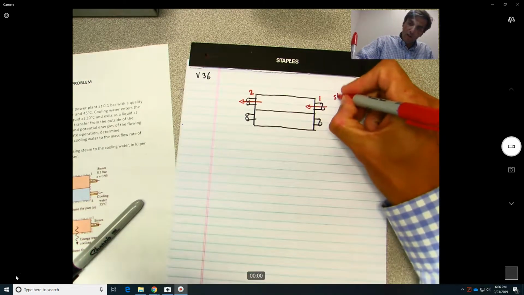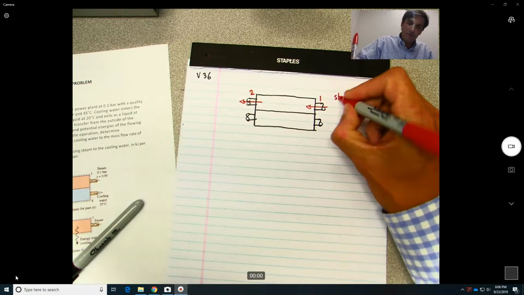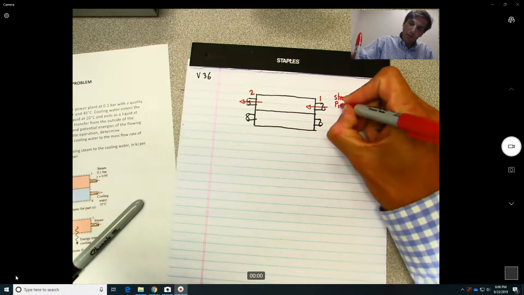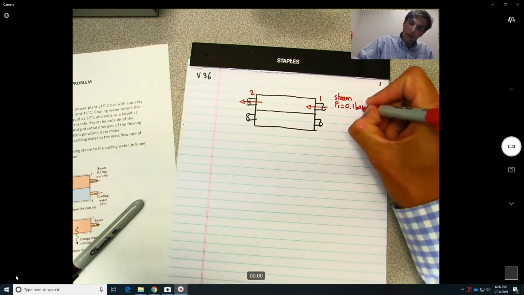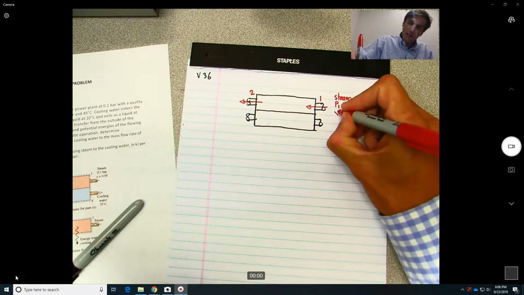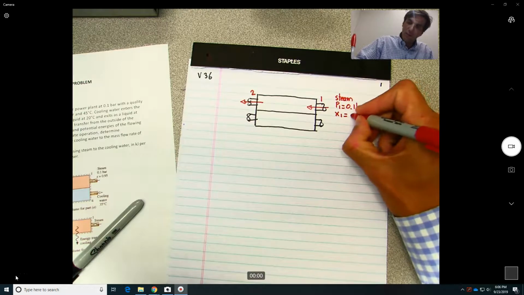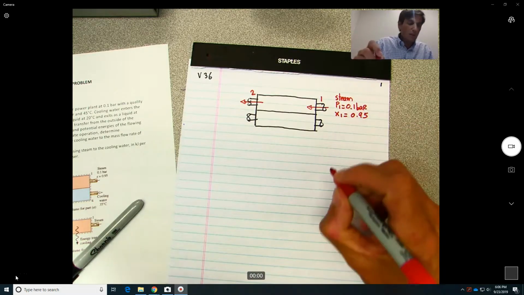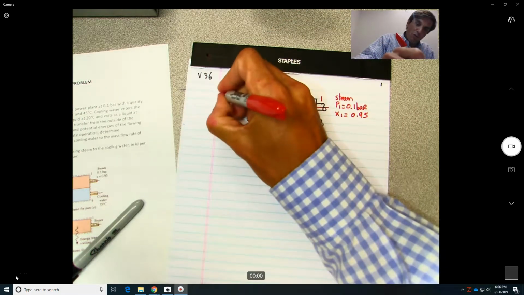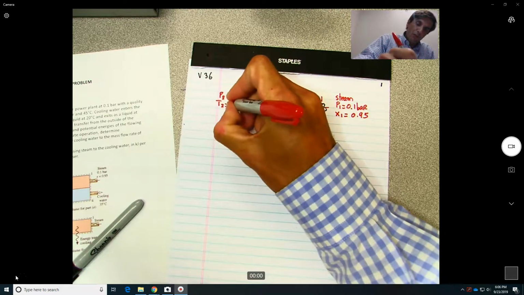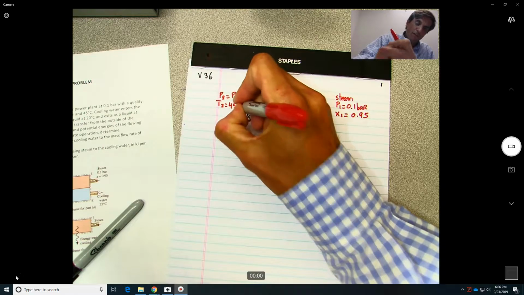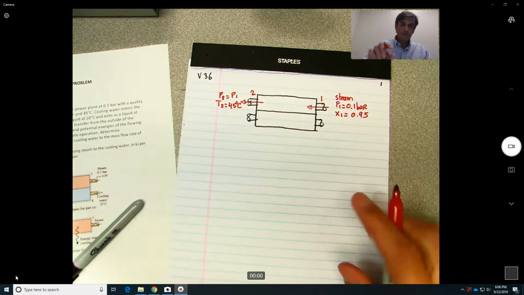We know this is initially steam at P1 equal to 0.1 bar, and the quality is 0.95, and then P2 equals P1, T2 equal to 45 degrees Celsius.